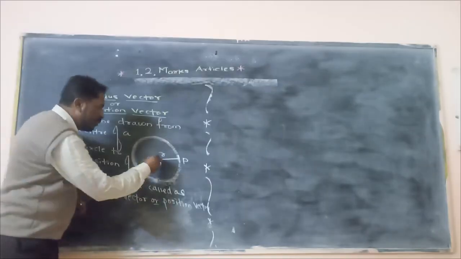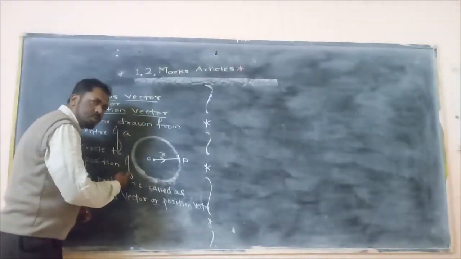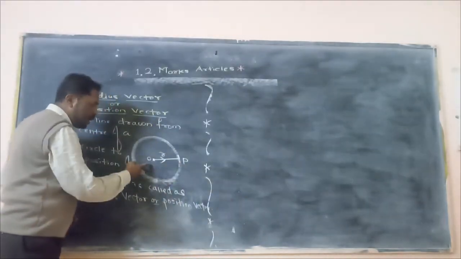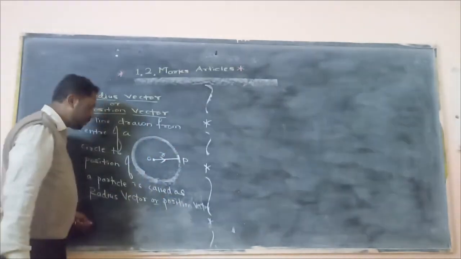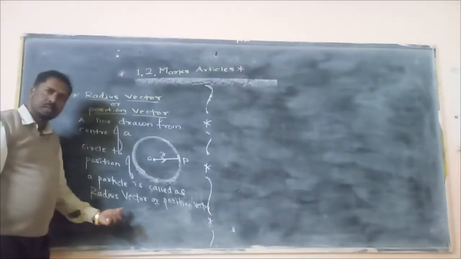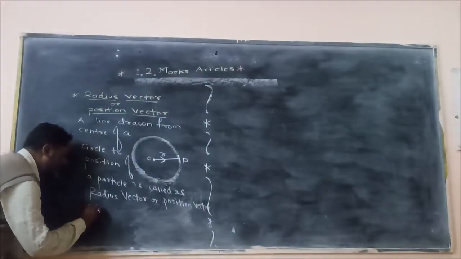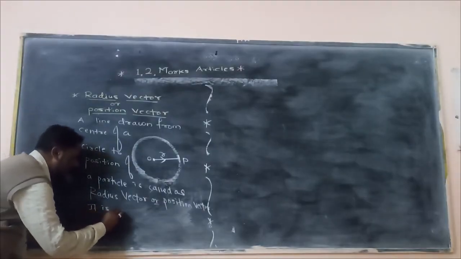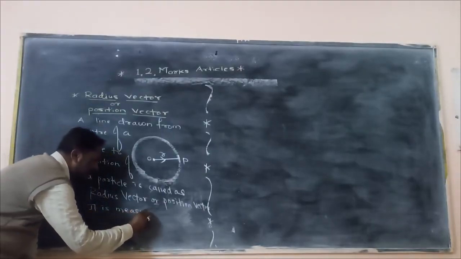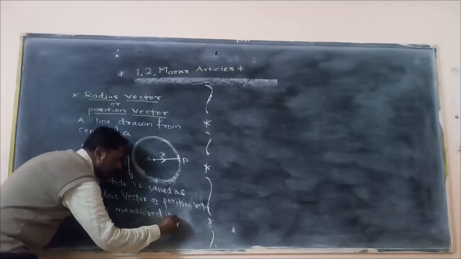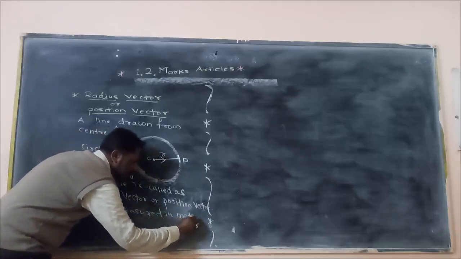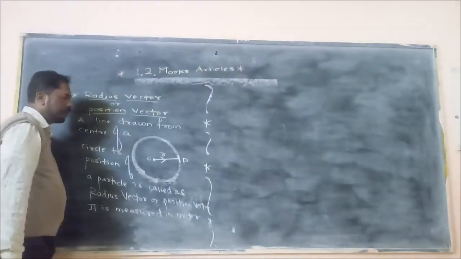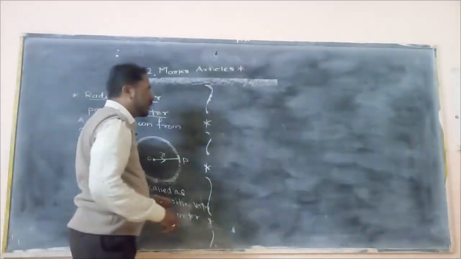It is the line drawn from the center of the circle to the position of a particle. It is called the radius vector or position vector. It is measured in meter.